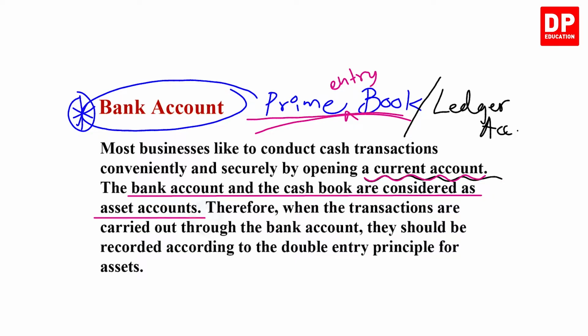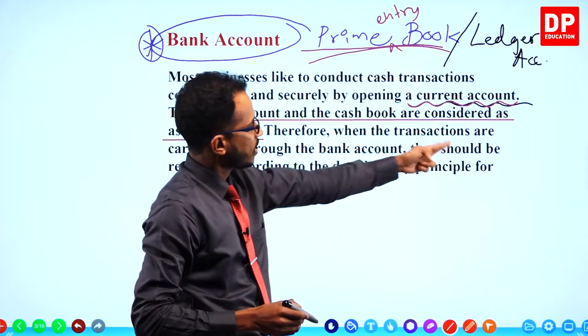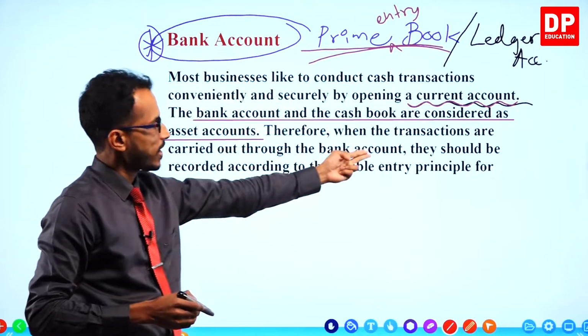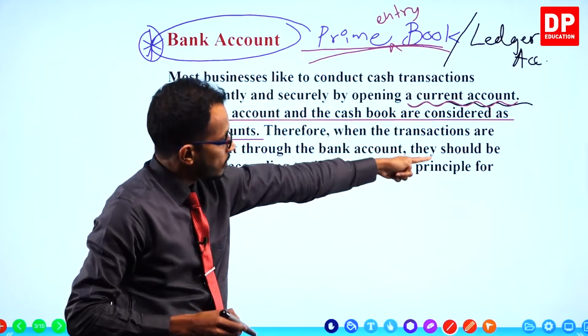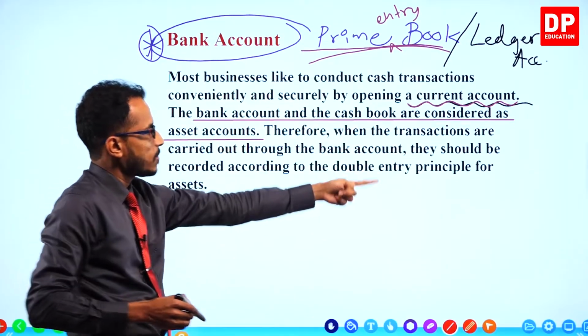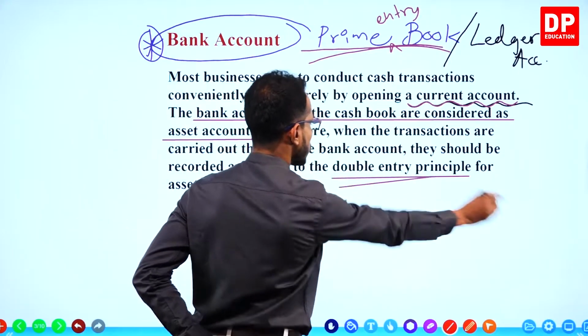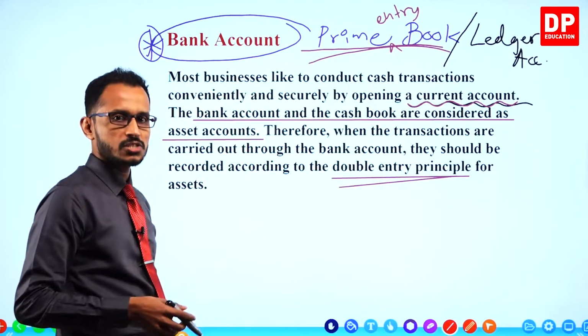Therefore, when the transactions are carried out through the bank account, they should be recorded according to the double entry principle for assets.